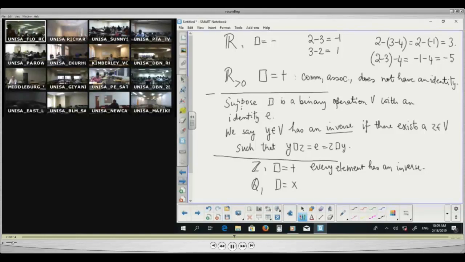Okay? Good. Now, let's take rationals with multiplication. Commutative, associative, what's the identity? Rationals, with multiplication. It's commutative, associative. Does it have an identity?